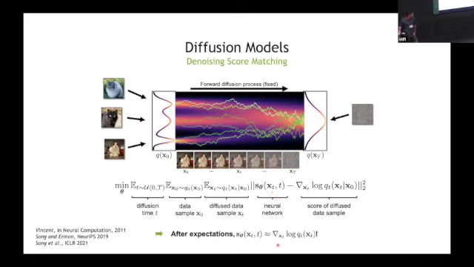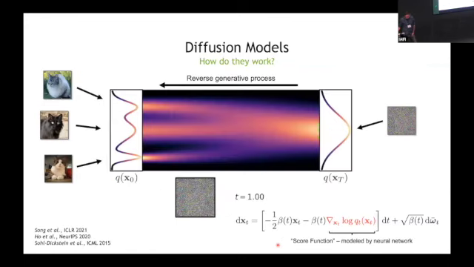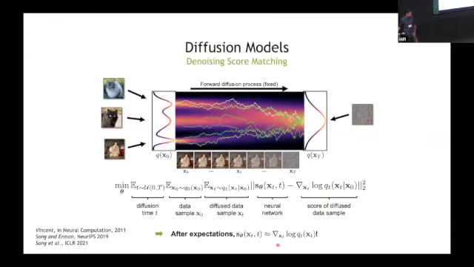So basically, if you train like this, with all these expectations, sampling over all your data, ultimately your neural network will learn this marginal score. And once you have learned this, as on one slide back, you can plug it into your SDE, numerically solve it with your favorite SDE solver, and generate data. So this is basically diffusion models in a nutshell.